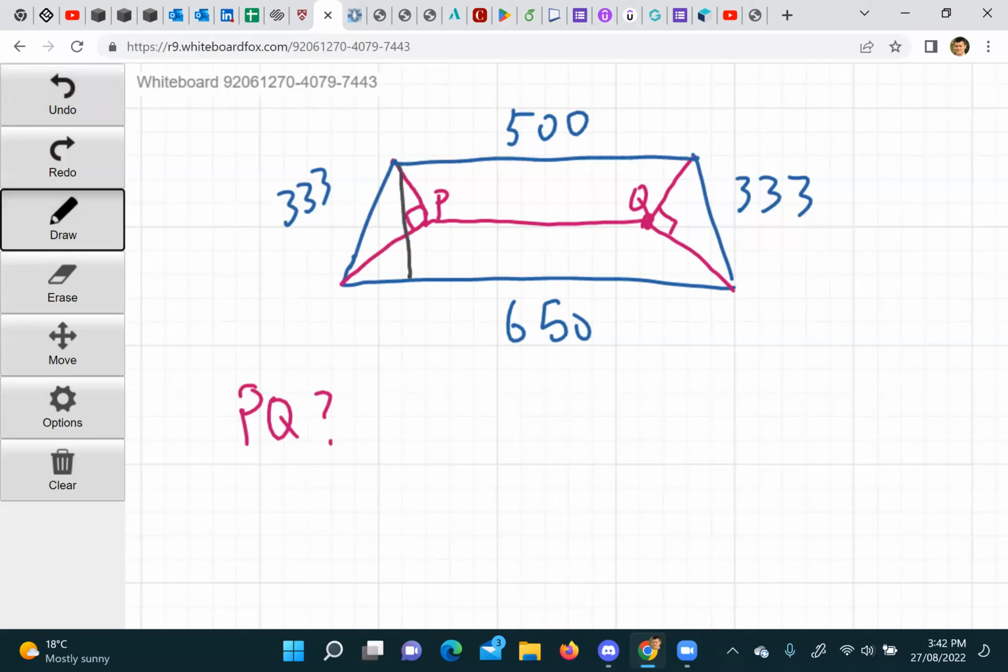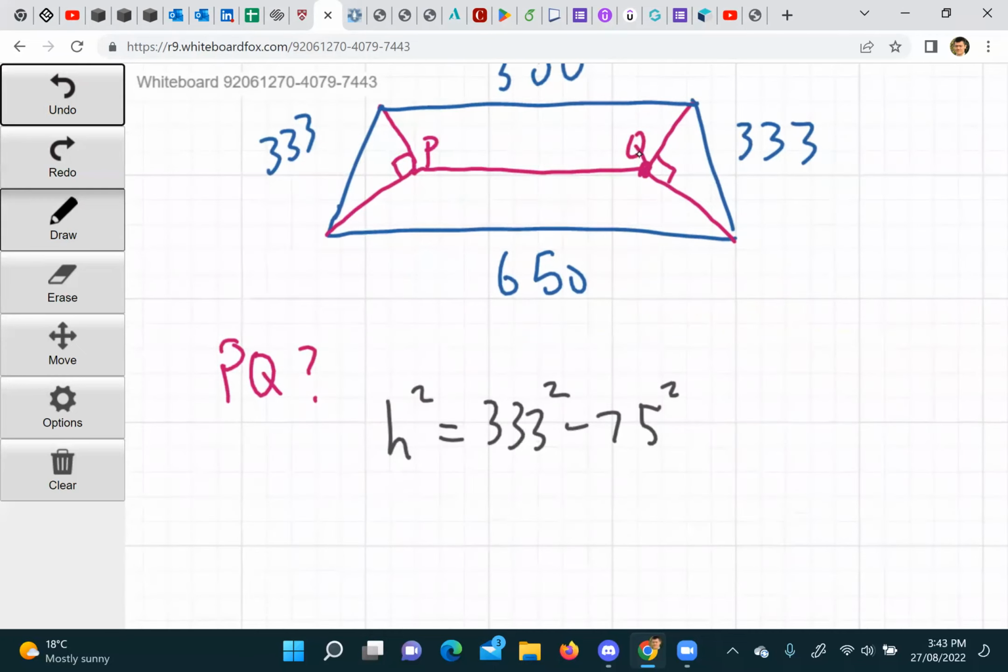this is like h, right? Can you see its hypotenuse is 333, and the difference between 650 and 500 is 150, so 75 on each side. So h squared equals 333 squared minus 75 squared.